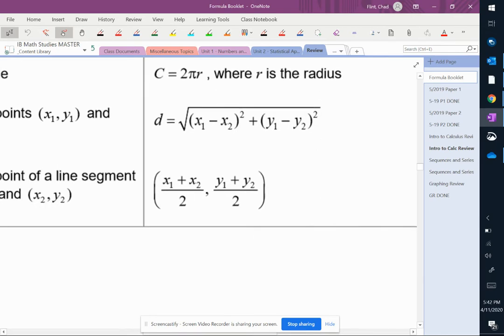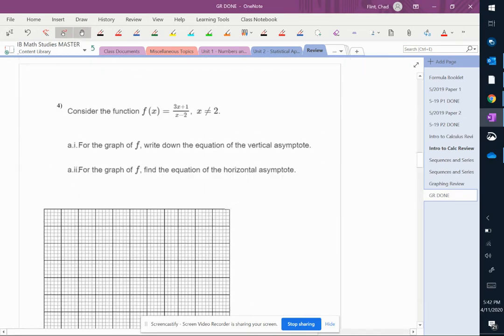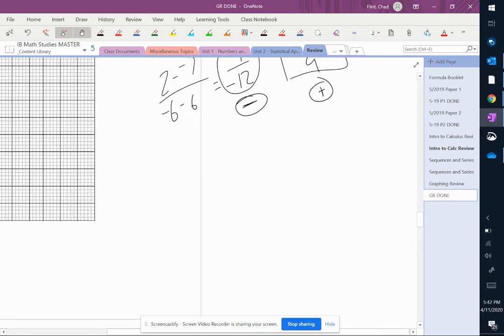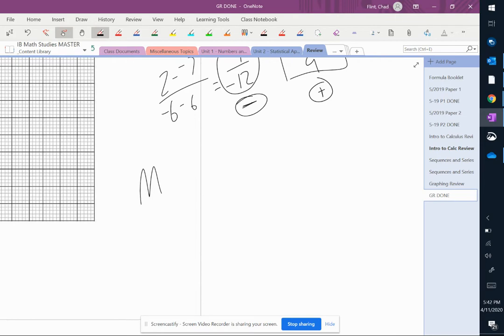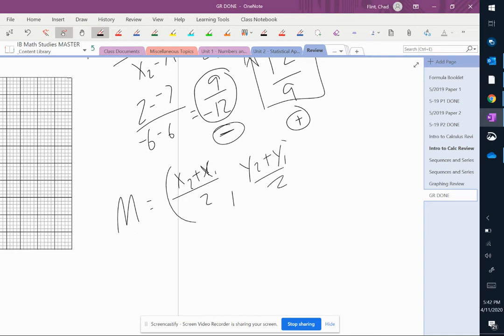So to find the midpoint of this, let's go back to what we're doing here. To find the midpoint, I'm going to do x2 plus x1 over 2, y2 plus y1 over 2. That gives me the midpoint.